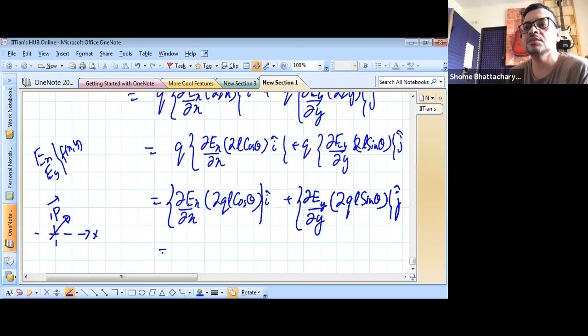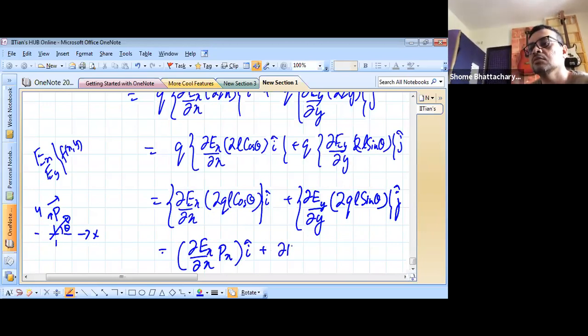So effectively, yes, this angle is theta. So that is what your 2QL cos theta is. So this is nothing but this term into dipole moment's x component plus this term into dipole moment's y component, j cap.